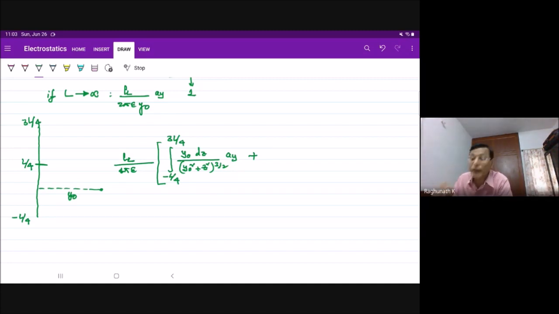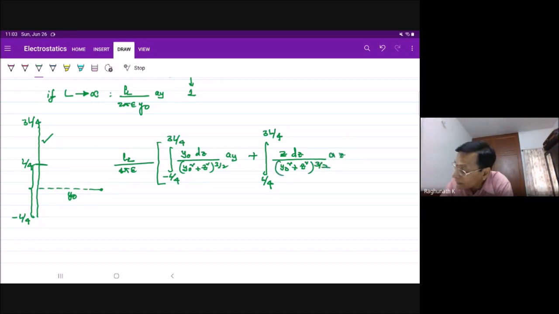Residual z component is only because of the charge from L by 4 to 3L by 4, z component. z dz by y naught square plus z square whole power 3 by 2 az. Please check it.